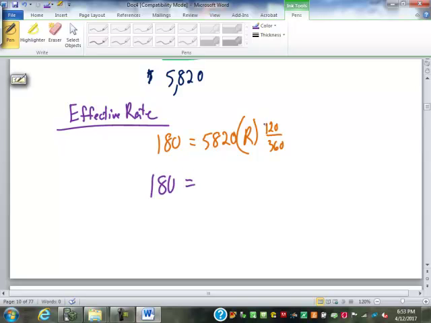We combine the 5820 times 120 over 360, which is what? I read that wrong. 1940. Still times R. So we solve by dividing by 1940.